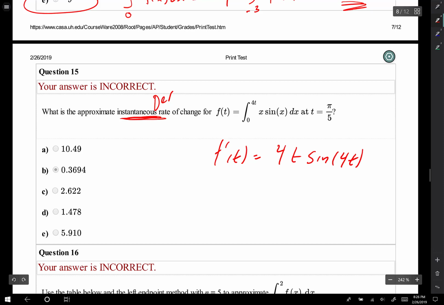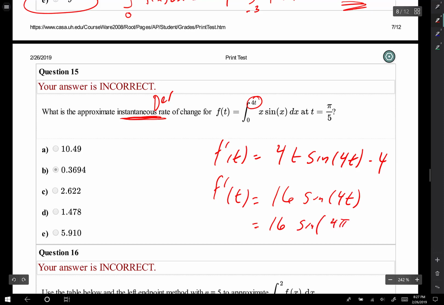And then you got to multiply the derivative of 4t, which is times 4. So f prime of t is equal to 16 sine 4t. And now I plug in a pi over 5, so 16 sine of 4 pi over 5.